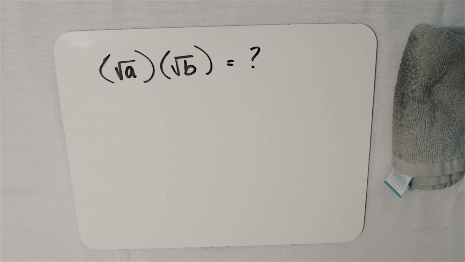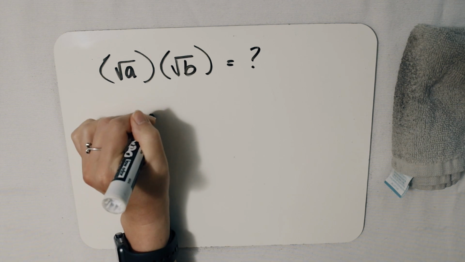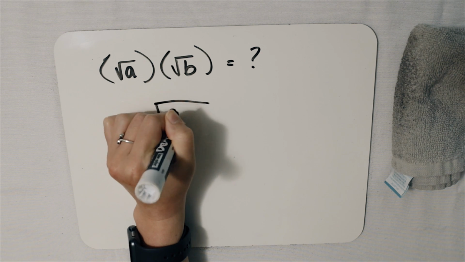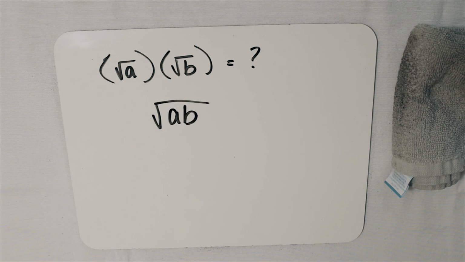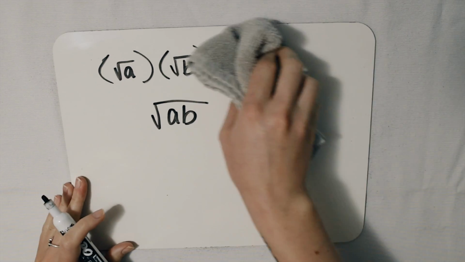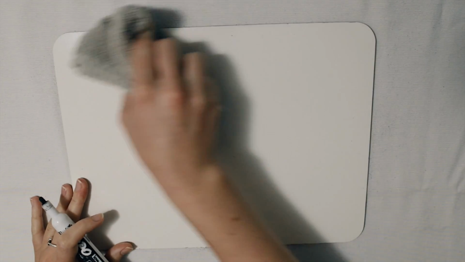So all we have to do in this instance, almost as if they're parentheses, you just combine them under your radical. Square root of a times the square root of b equals the square root of ab. No calculations can be done because we don't know what a or b are equal to.